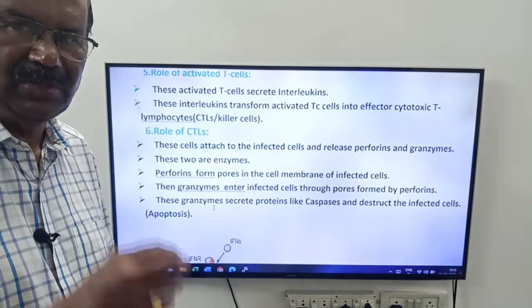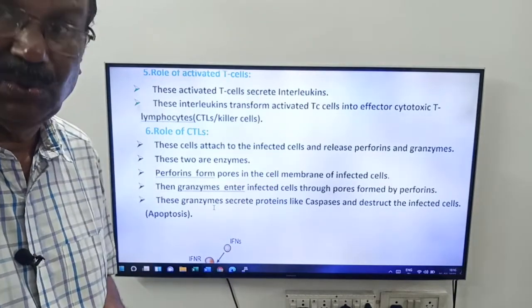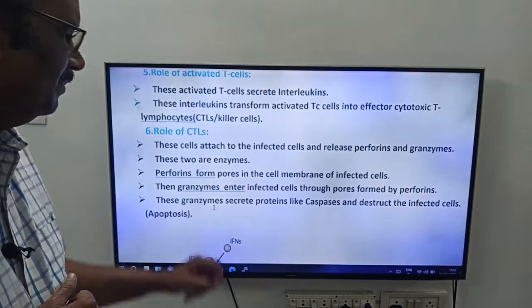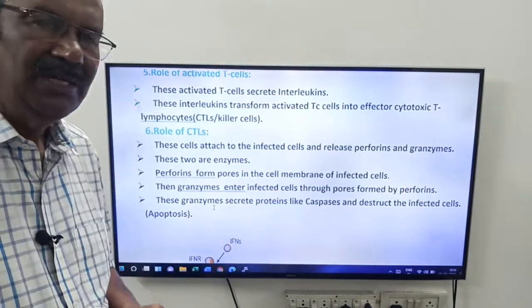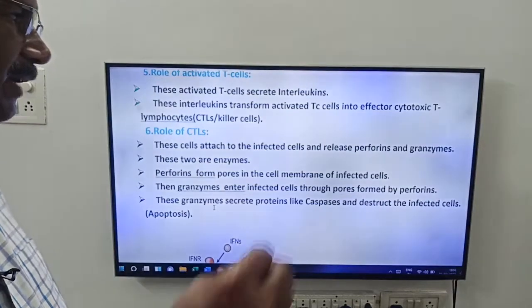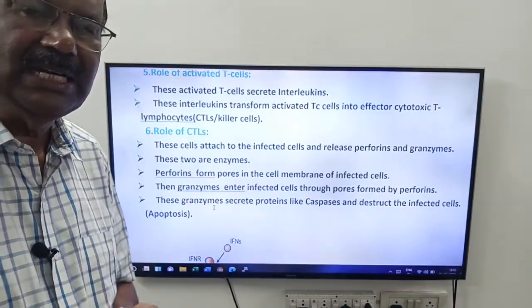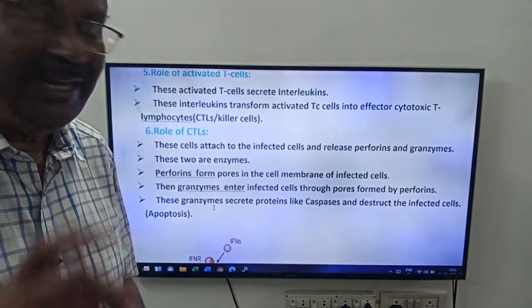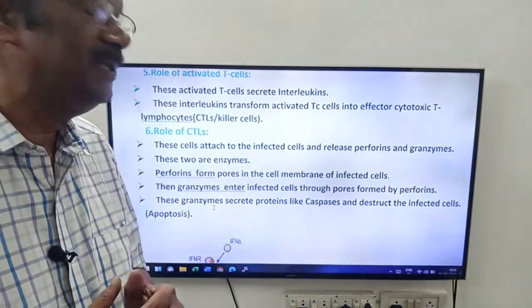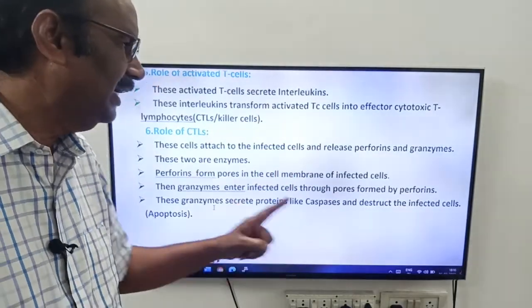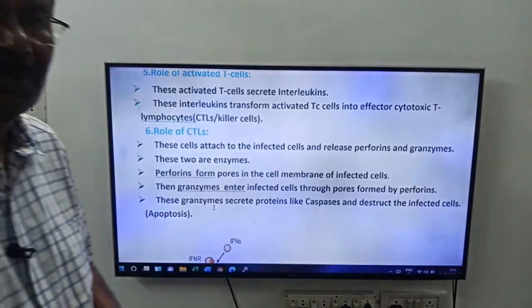Granzymes enter the infected cell through the pores formed by the perforins. These granzymes secrete proteins like caspases and destroy the infected cell. That is called apoptosis.